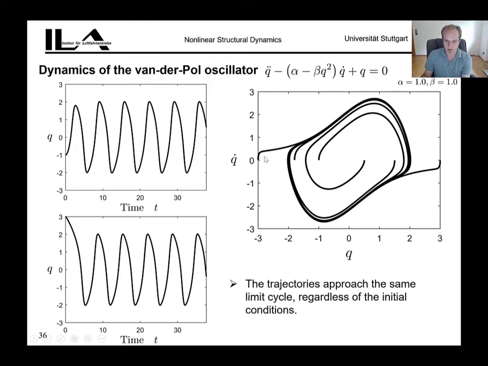And we see that regardless of the initial conditions, so whether we start here at this displacement, 0 velocity, or at this displacement, we always end up on this cycle here. This is therefore called a limit cycle. So we reach this asymptotically, the trajectories very quickly approach this arbitrarily closely, and then we have this periodic behavior.